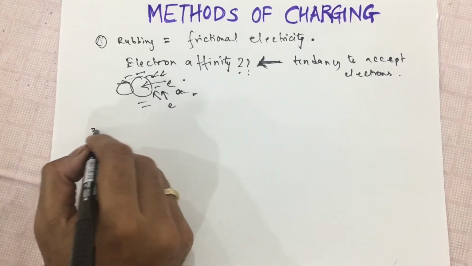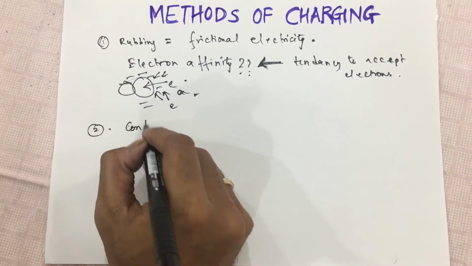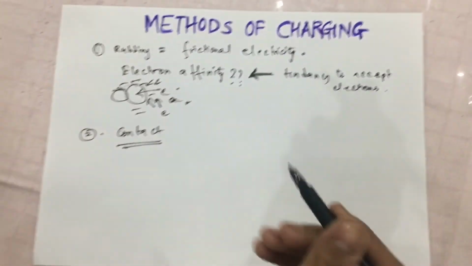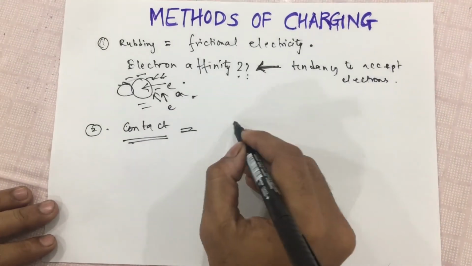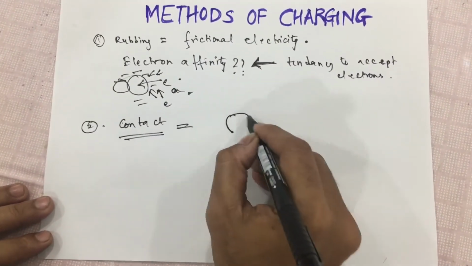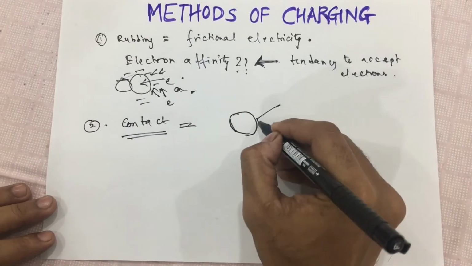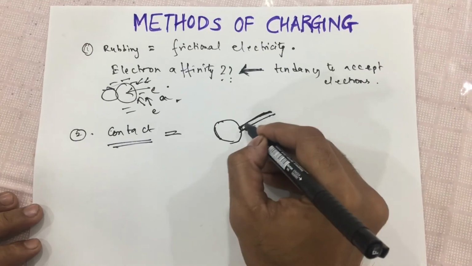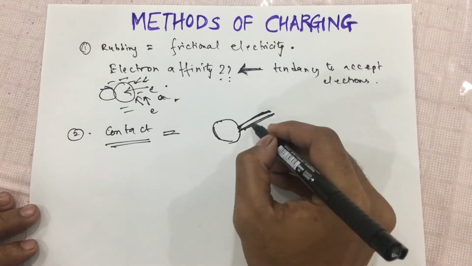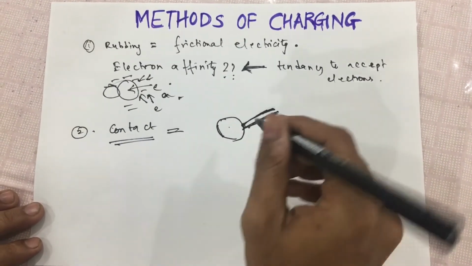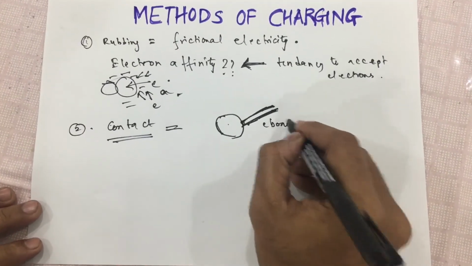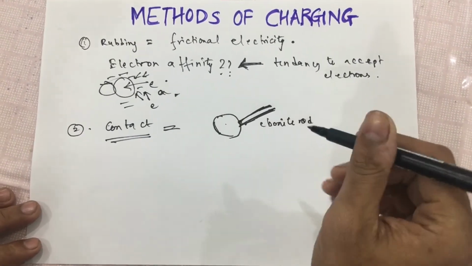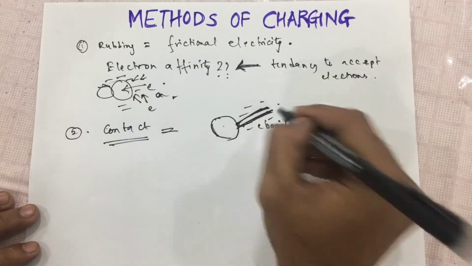Next, charging a body by contact. Contact is nothing but keeping a charged body in touch or in close proximity with another body. For example, if you take an ebonite rod rubbed with silk or muslin cloth, it develops a negative charge.